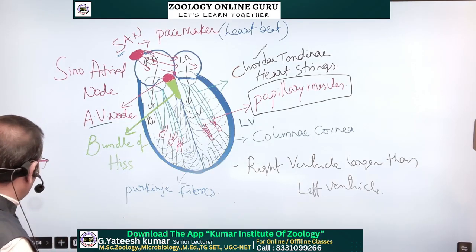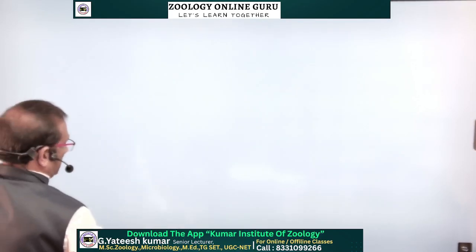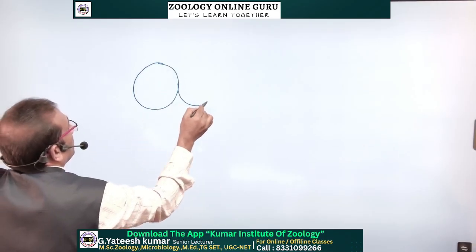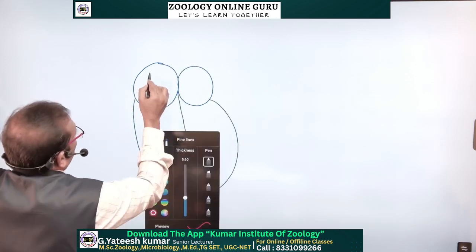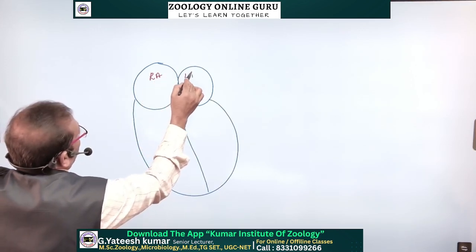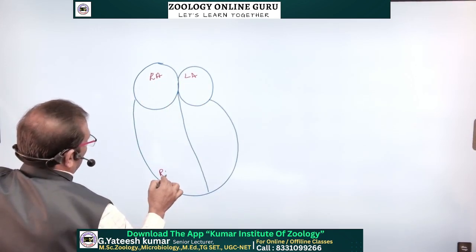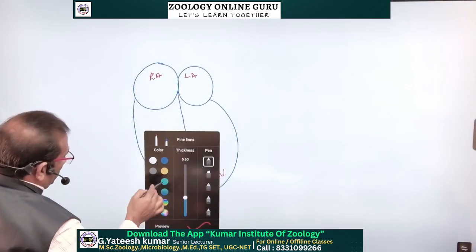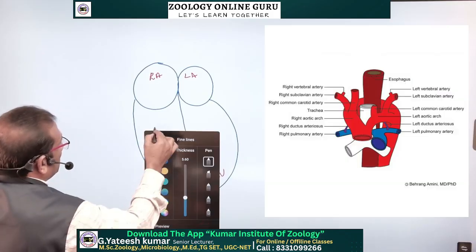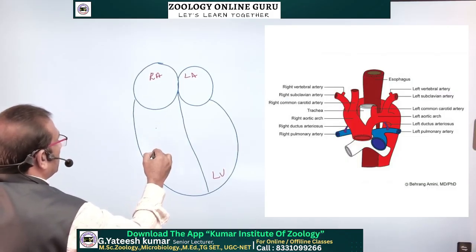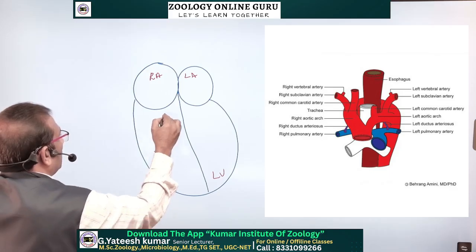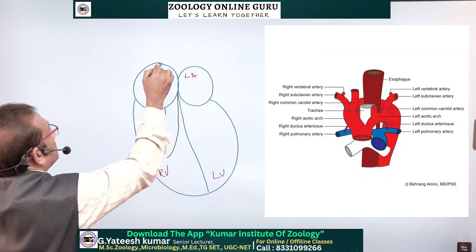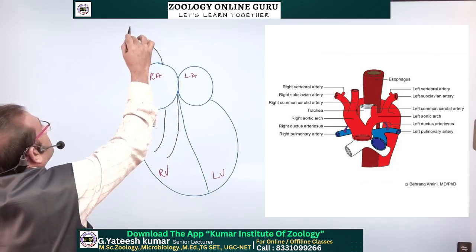And next, coming to the aortic arches. Right atrium, left atrium, right ventricle, left ventricle. From the inner side of the right ventricle, a blood vessel comes outside.